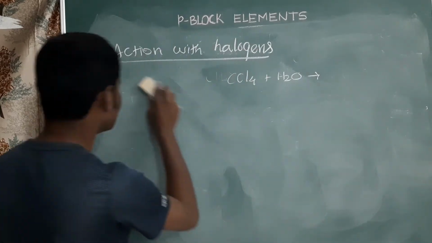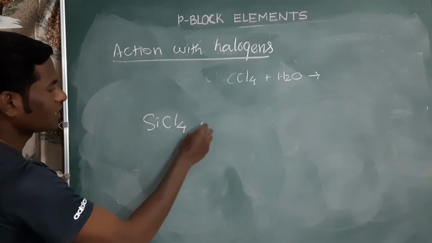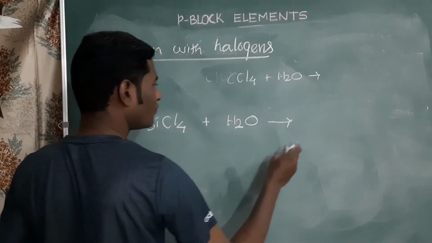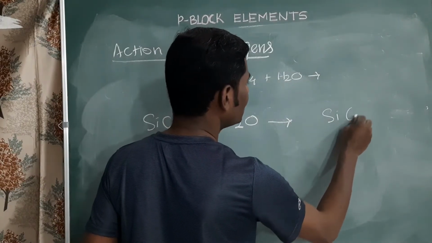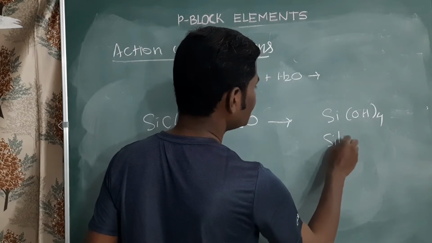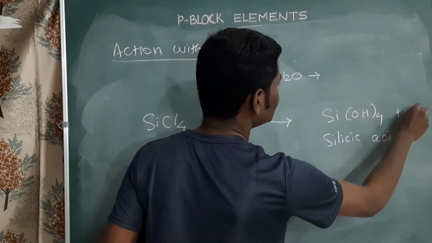Example, silicon tetrachloride, SiCl4, undergoes hydrolysis. All four chlorines are replaced by hydroxide ions. The name of the acid is silicic acid, plus 4HCl.